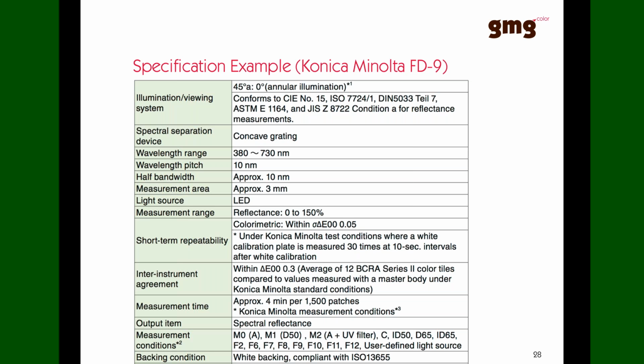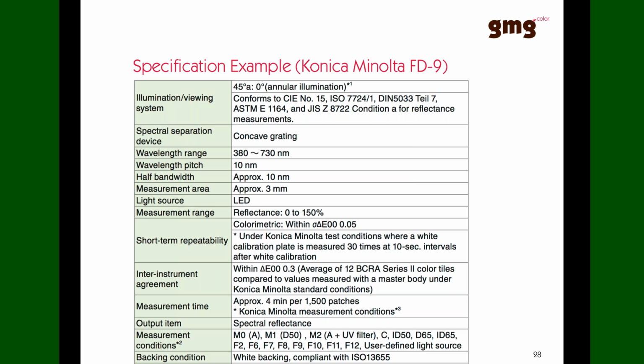Yeah, so here we really get some information on the lower hand side. The second from the end, it's the measurement conditions. Here we also see what type of light this measuring device can use to measure the colors.